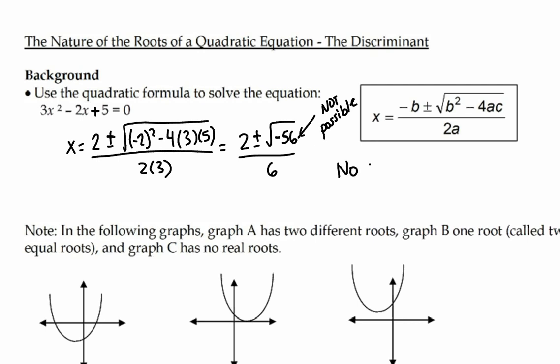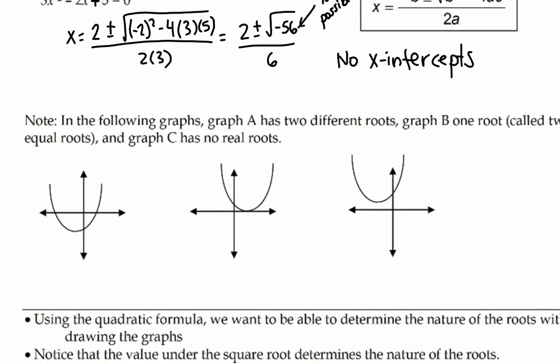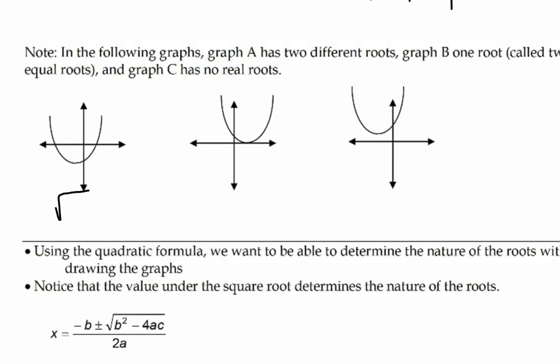So there's no x-intercepts. If we graph that new equation, there's no x-intercepts with that graph, because it's imaginary. When you square root a negative, it's imaginary. It's not real. Okay? So it's all related to the square root. If the number inside the square root is greater than 0, so your discriminant is greater than 0, or if b squared minus 4ac, which is what is inside the square root, is greater than 0, you're going to have 2 x-intercepts, 2 solutions.